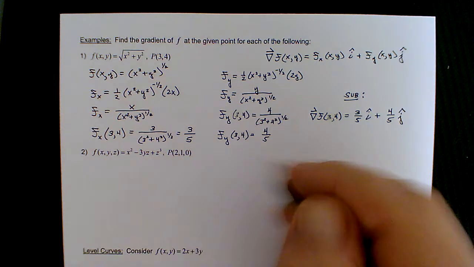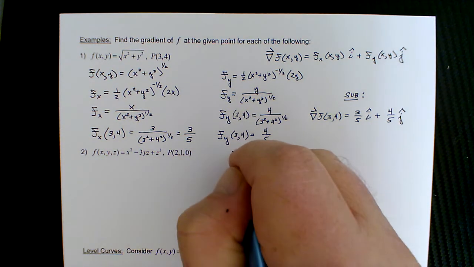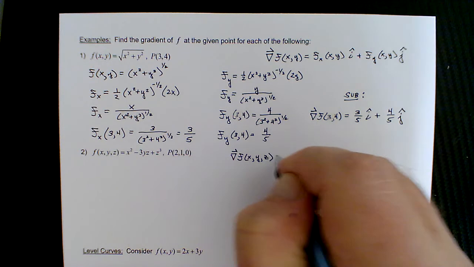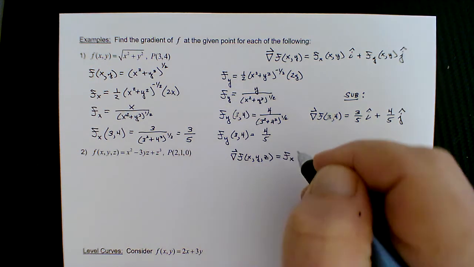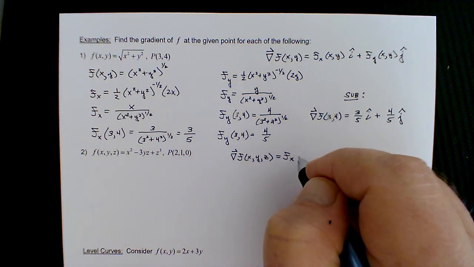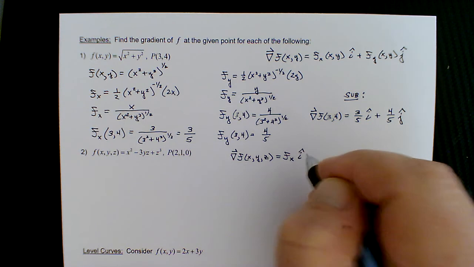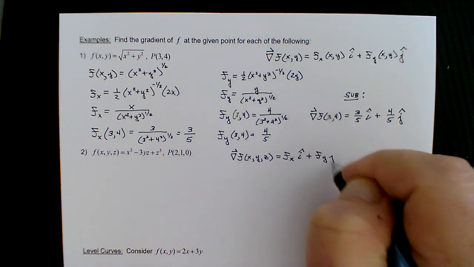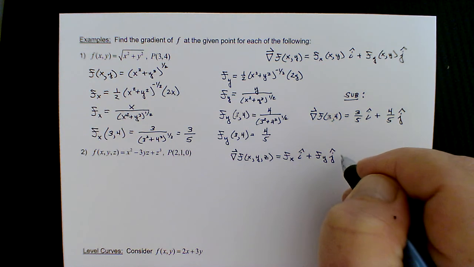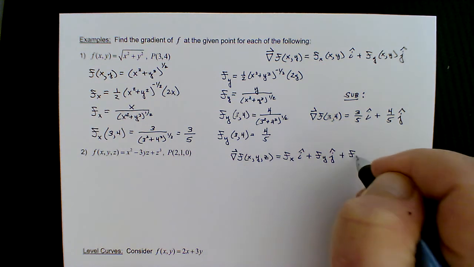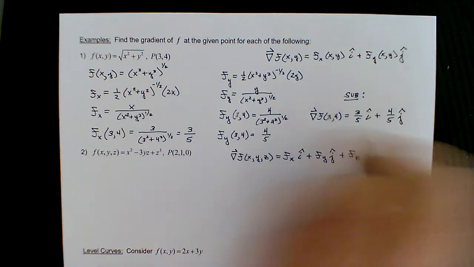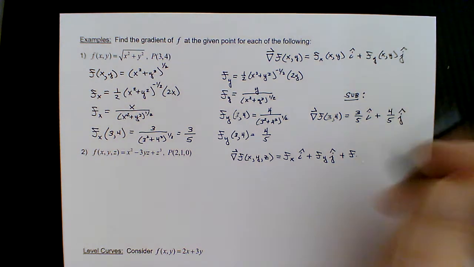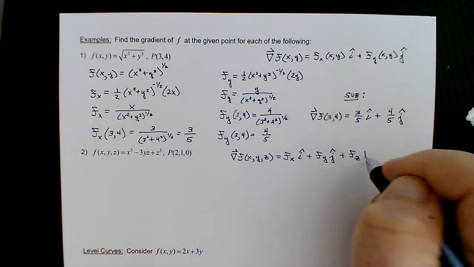So the formula for the gradient here is the partial of f with respect to x, let me just write it this way without the functional notation, times i, plus the partial of f with respect to y times j, and the partial of f with respect to z times k.